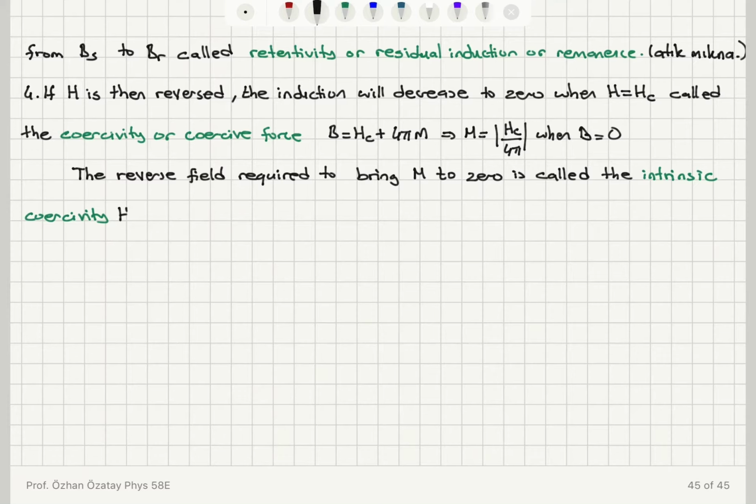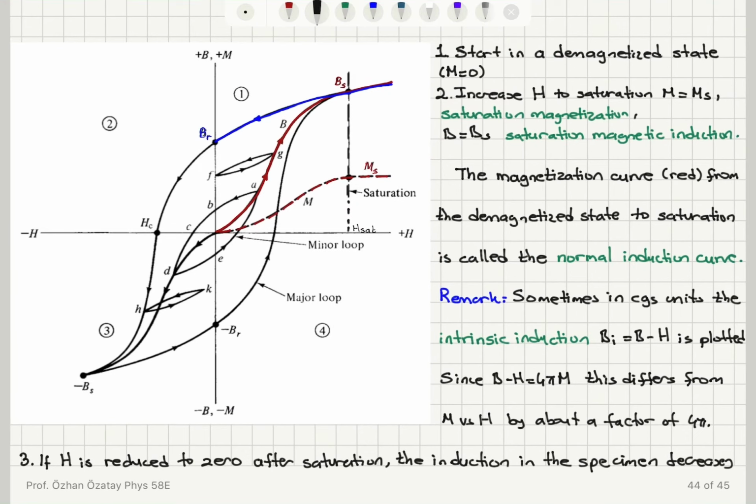So this is denoted by HCI, or we can say that there is an HC for B and there is an HC for M. So these two are not the same. Once again, this linear relationship between B and H obviously does not apply when we are going through this loop. However, it does show that B is not 0 when M is 0.